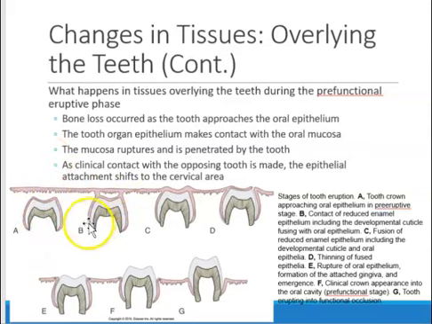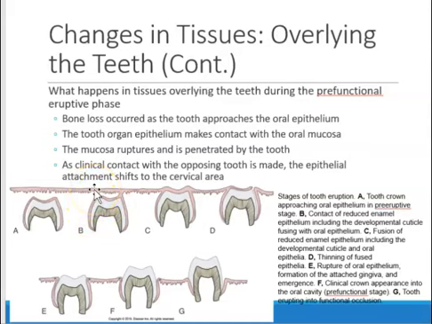This pink layer is your reduced enamel epithelium, the layer right outside your enamel. This contacts the corners, known as your developmental cuticle, the corner of the cusp. The cusp is the rounded mound right here.